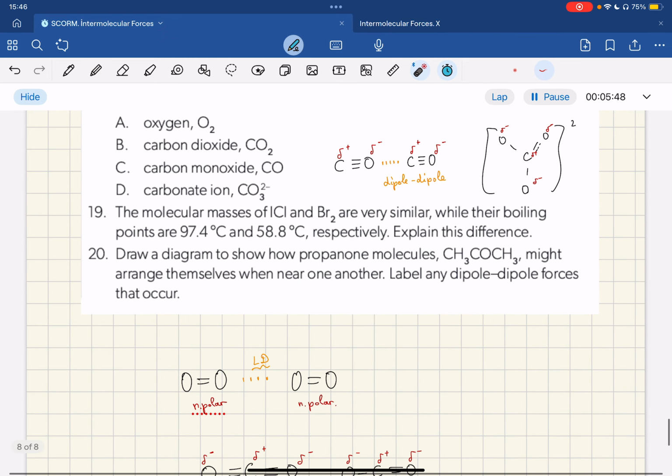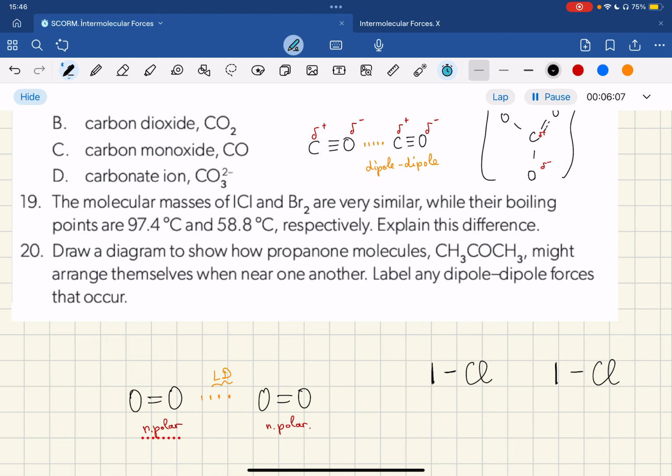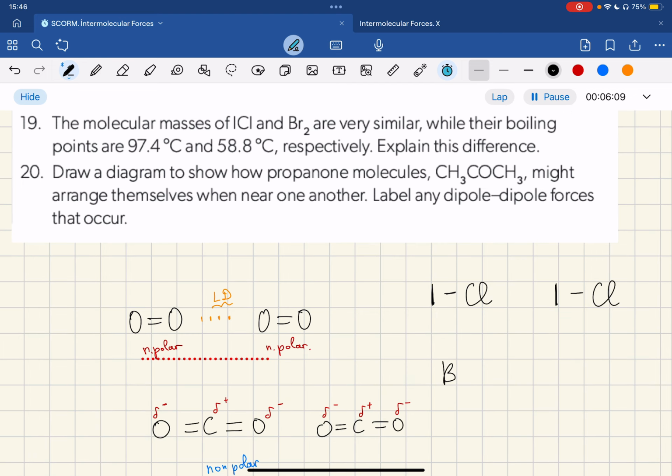Now let's answer question number 2. It says the molecular masses of ICl and Br2 are very similar, with boiling points of 97.4 and 58.8. So I'm going to write ICl in here, iodine and chlorine. Let me draw two ICl molecules, and let me draw the bromine molecules.